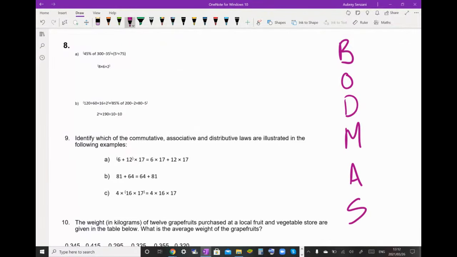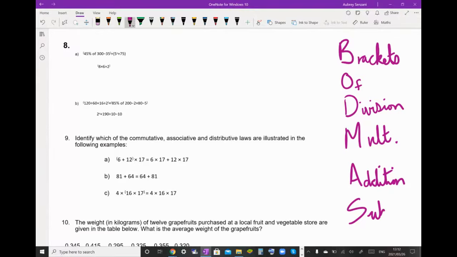We know this to be brackets, of, division, and then multiplication, and then addition, and then subtraction. So this is the order in which we would tackle questions like these.